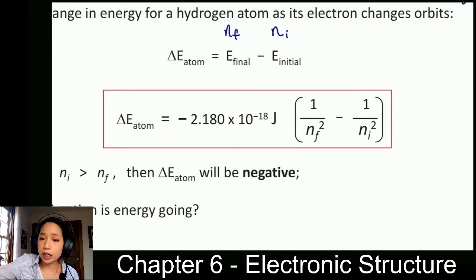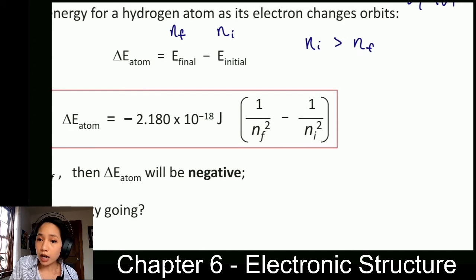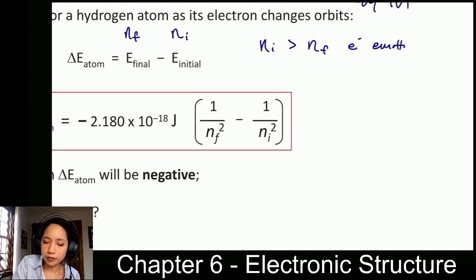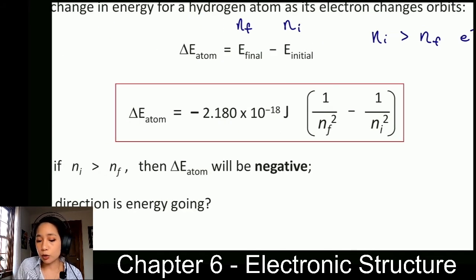And typically, when an electron falls in its orbit, its n initial will be larger than its final integer value because it's falling, right? It's falling from a higher to a lower energy level. So we can put together an equation that includes both of those n values.